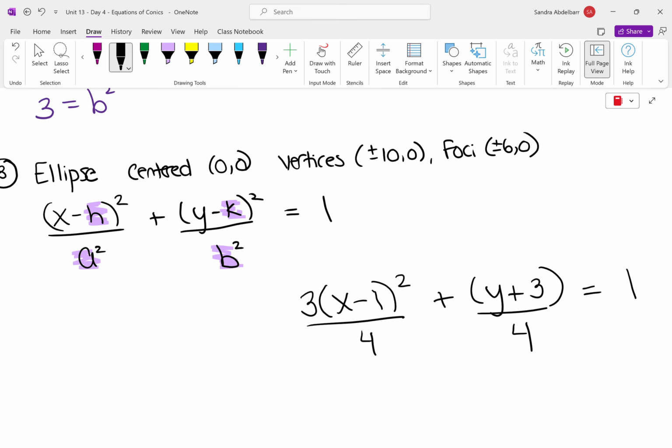So here you might think that this is a circle, but it's not. Why is this not? Because this 3 up top, are we allowed to have this 3 up top? No, so this would end up being x minus 1 squared over 4/3. Yeah, 4/3. Okay, but yes, if that 3 wasn't there, this would just be a circle.